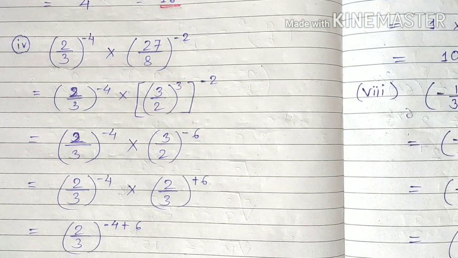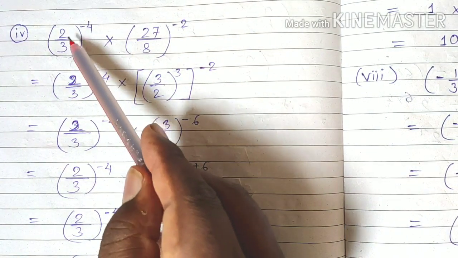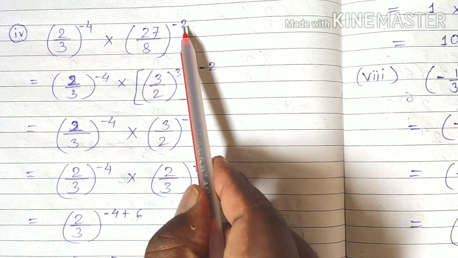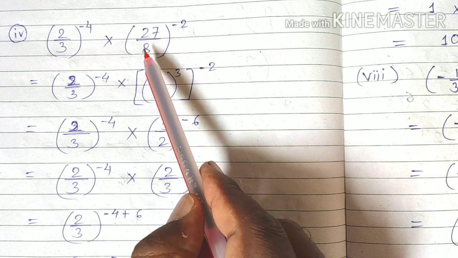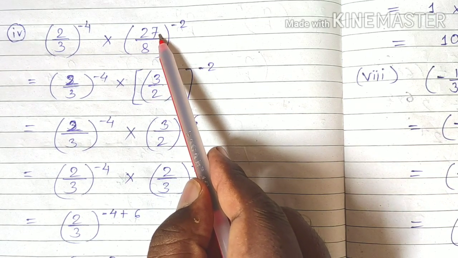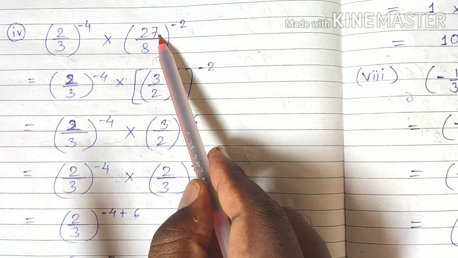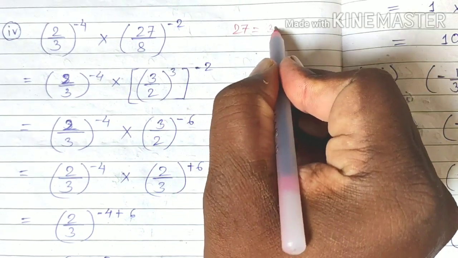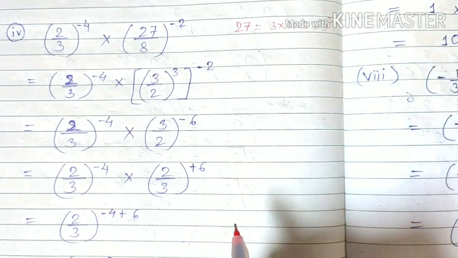Next, fourth one: 2 upon 3 raised to minus 4 multiplied by 27 upon 8 raised to minus 2. So this 27 and 8 can be simplified. 27 can be written as 3 into 3 into 3, which can be written as 3 raised to 3.